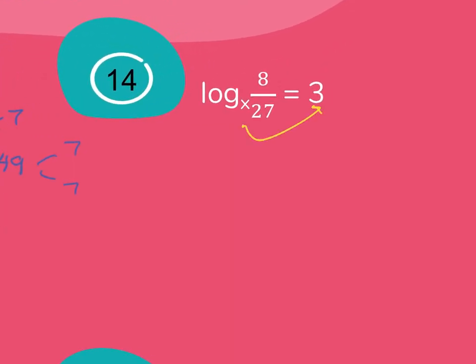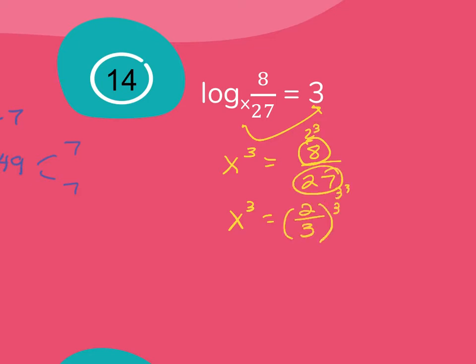Now, x to the third equals 8 over 27. Did we figure this out? 2 over 3. Good. So this is 2 to the third, and this is 3 to the third, which means it'd be 2/3 to the third power. So then x would be 2/3.